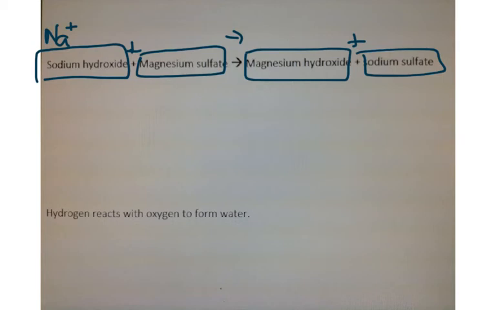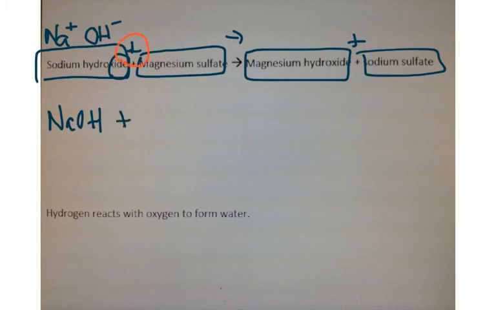Hydroxide has that "ide" ending, but it has more than two syllables, so you're going to find it on your polyatomic ion sheet. Hydroxide is OH with a minus, so when you crisscross it, you get a formula of NaOH. So once again, sodium hydroxide, as we did in the naming unit, has the formula NaOH. I now see this plus sign right here, so I'm going to retranslate it down and make it a plus down here.